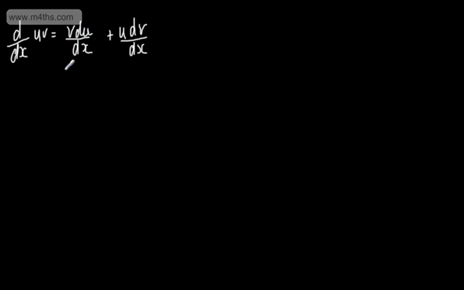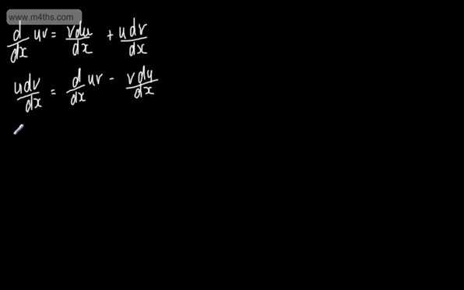So what I'm going to do is rearrange this, and I'm going to have u dv/dx equal to the product uv, the derivative with respect to x of that product, which will be d/dx of uv, minus v du/dx. So this is the scenario that I can put it into if I wish.